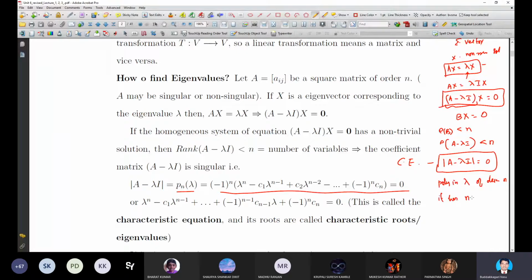They are the eigenvalues. Each eigenvalue is associated with eigenvectors.